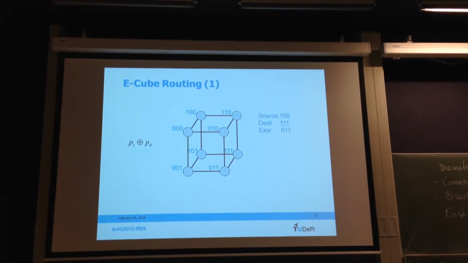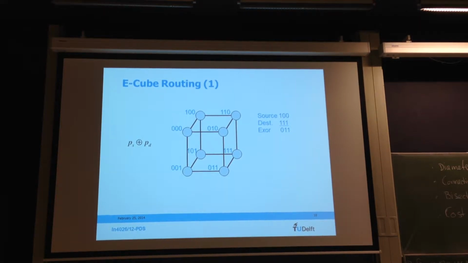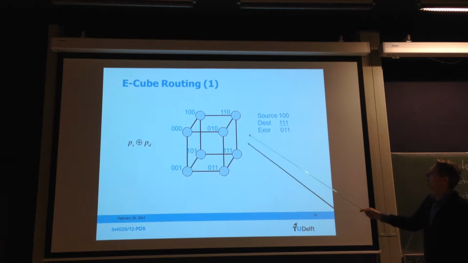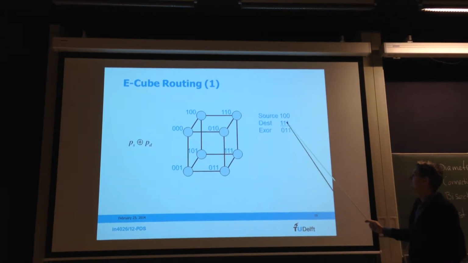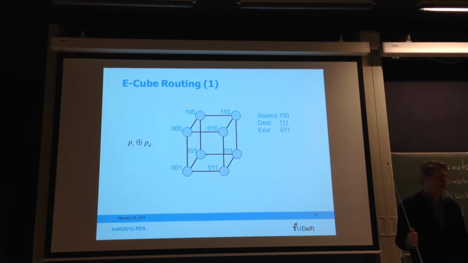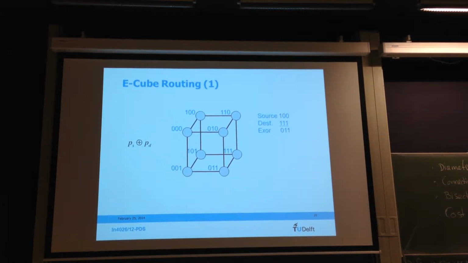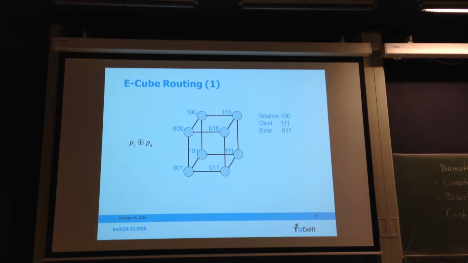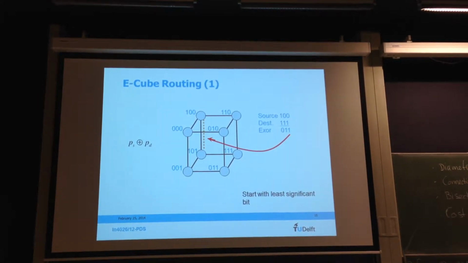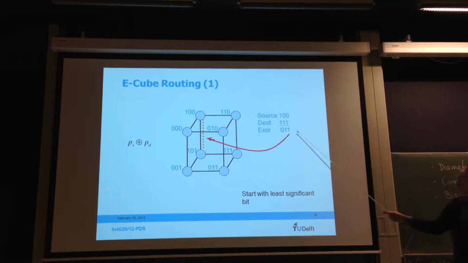And I do that by taking the exclusive OR. Now, how does that work? Suppose I have source 1, 0, 0, so that's this one. And I have destination, this one, 1, 1, 1. Then the exclusive OR is 0, 1, 1, right? And I could start with the least significant bit, meaning that if the XOR is 1, then I have to change dimensions in that plane.